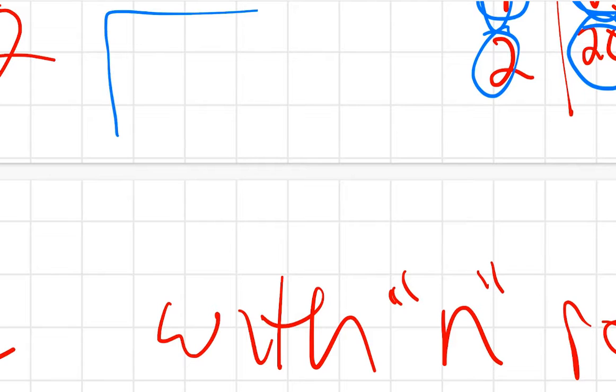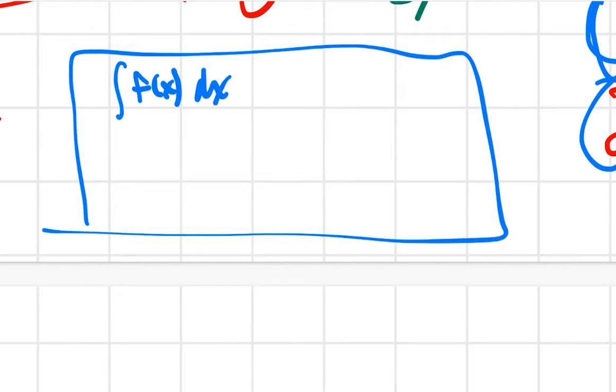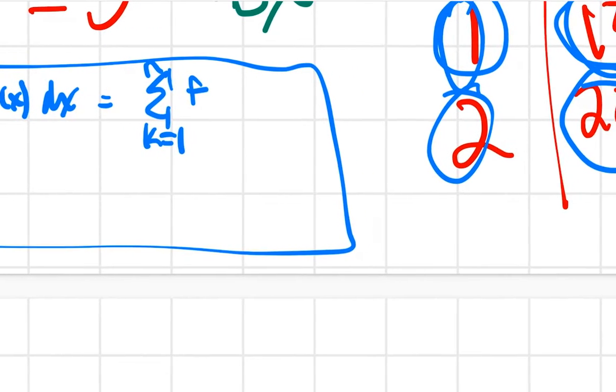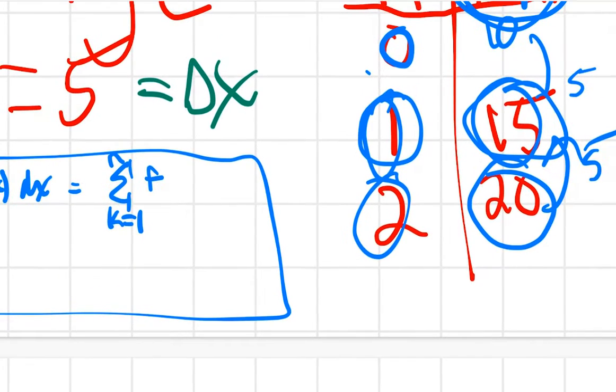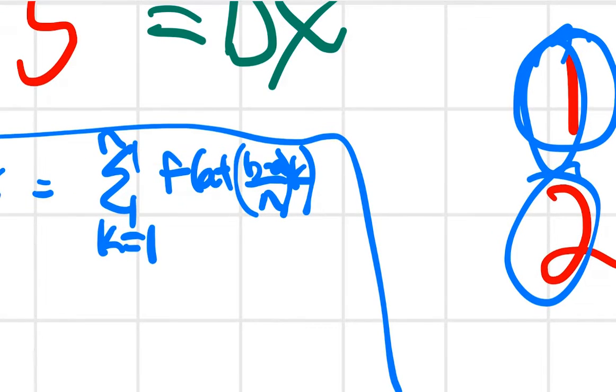So then the integral of f at x dx from a to b is going to equal the summation from k equals 1 to n, the number of rectangles, of f at xk, and we know that xk is a plus b minus a over n multiplied by k, all multiplied by delta x.